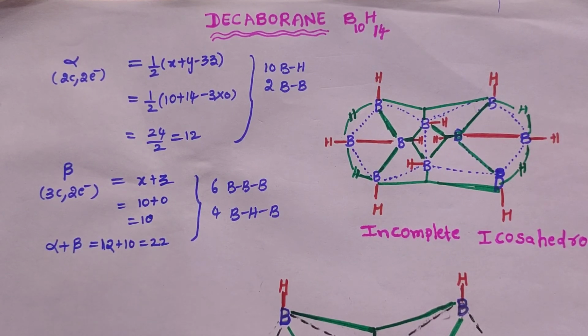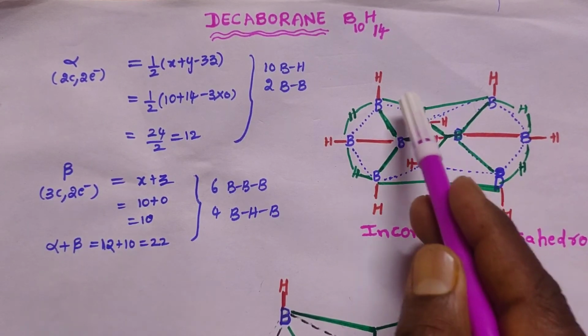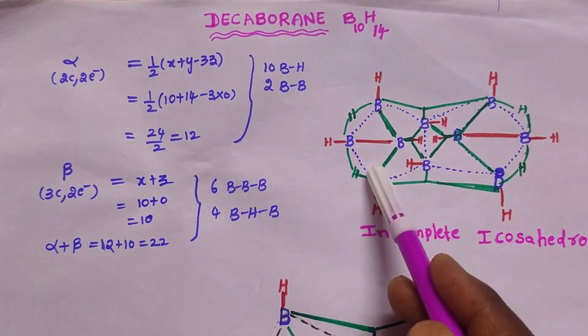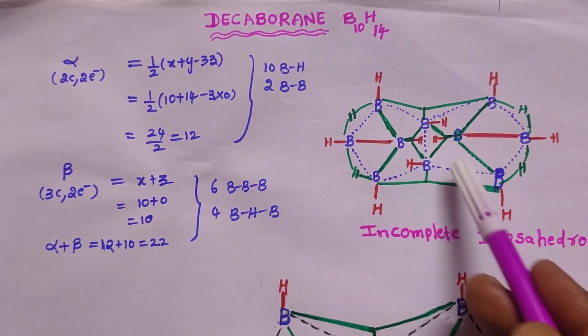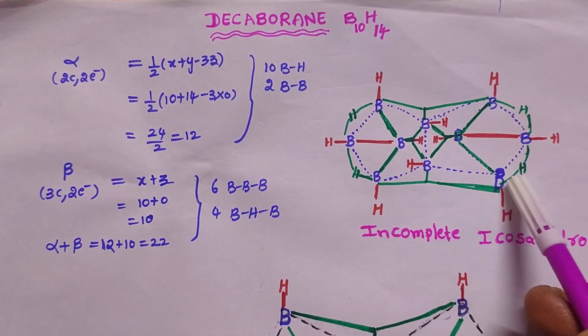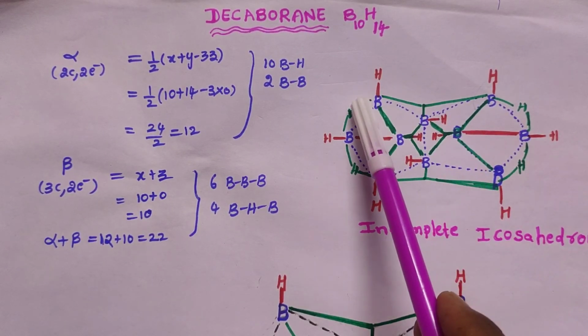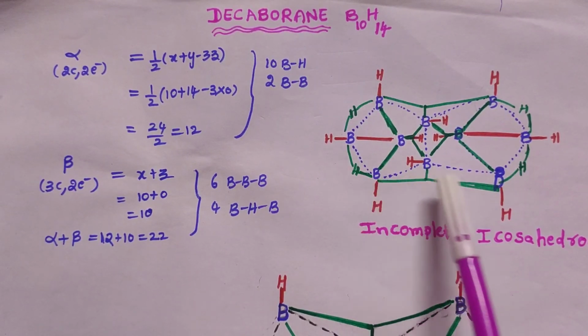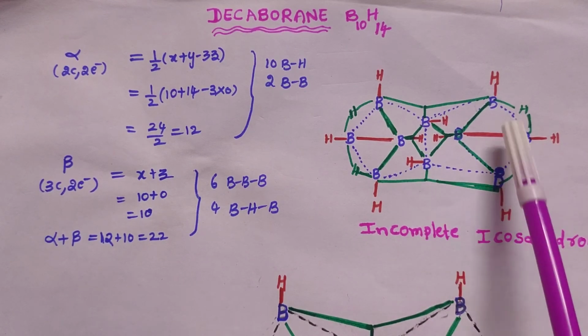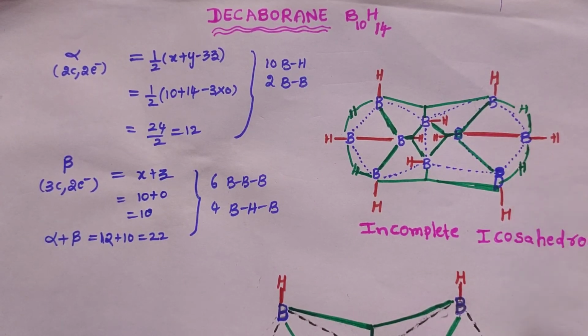So here we can find those bonds. Look here. So 6 BB bonds are there: first BB bond, second, third, fourth, fifth, and sixth BB bond. And 4 BHB bonds are there: first BHB bond, second BHB bond, third BHB bond, and fourth BHB bond.